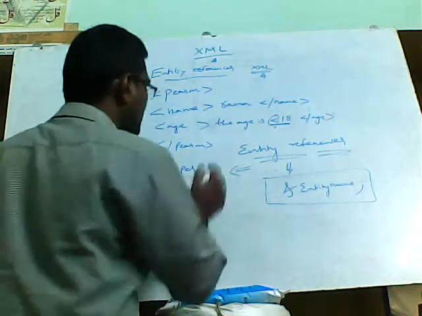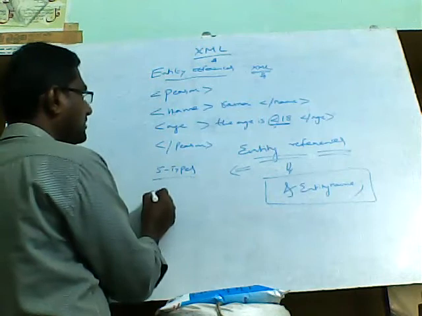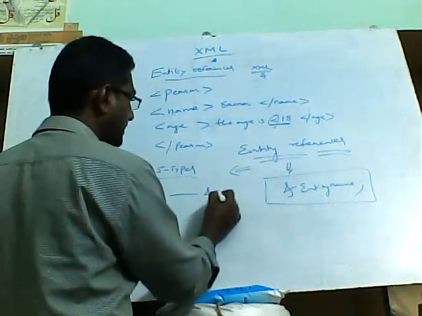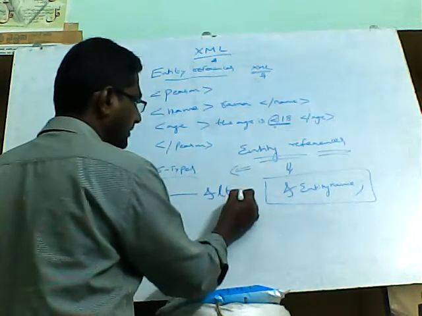Suppose you want to use the less than symbol. We write ampersand LT semicolon. Greater than means ampersand GT semicolon.